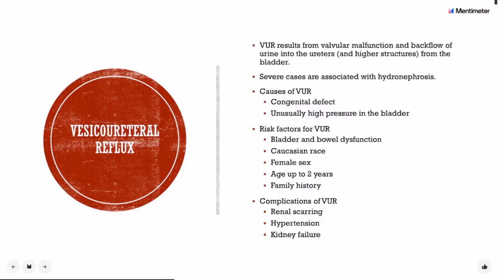Our Caucasian females up to 2 are at high risk, or if we've had a family history of this, or bowel and bladder dysfunction can be risk factors as well. So as you can imagine, if we've got a backflow of urine, we can cause damage to our kidneys, we can cause scarring, and it can also impact our blood pressure, causing high blood pressure.